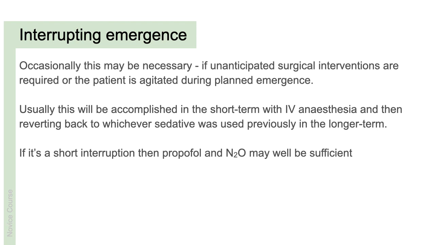If it's really a short interruption, as I said, propofol's fine, but you might also consider adding some nitrous in as well. Remember, nitrous, when you add it, has got potent analgesic effects as well. So when we're quite junior, anaesthetists might be drawing up our emergency drugs, and some of that may well be propofol.